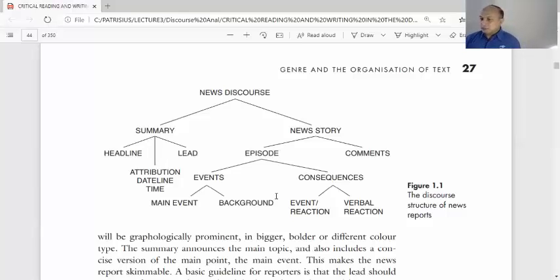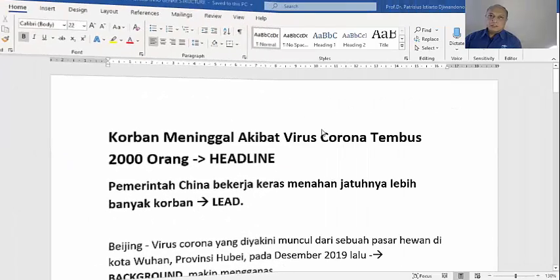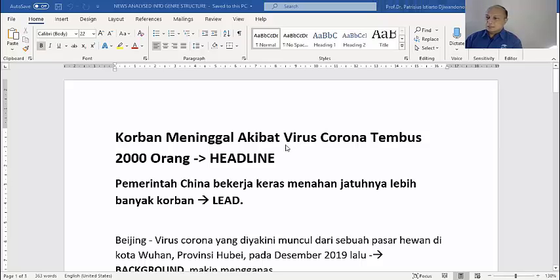Okay, so now let's look at the example. This is the example, a text in Indonesian entitled Korban Meninggal Akibat Virus Corona Tembus 2.000 orang. Now this is obviously the headline. It is followed by lead. Again, this summarizes the content of the text or of the news.